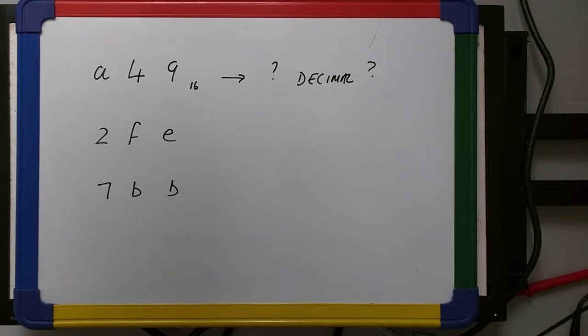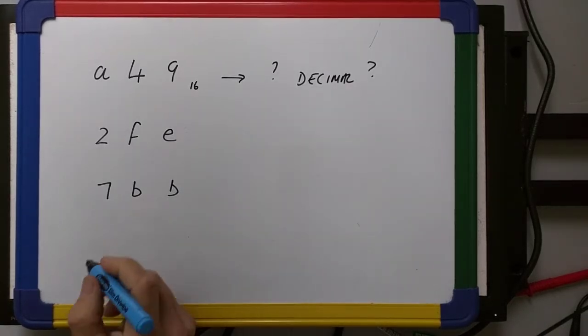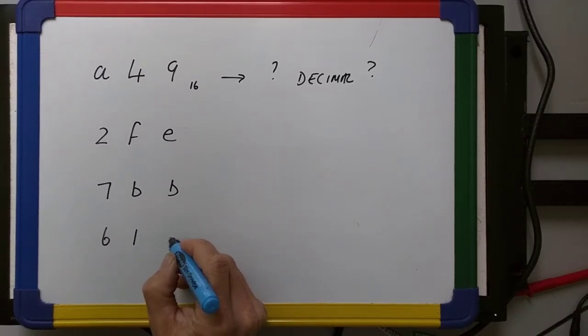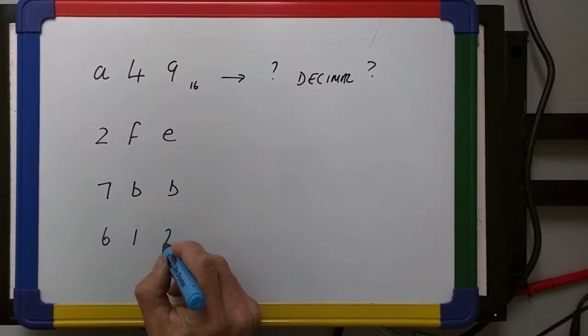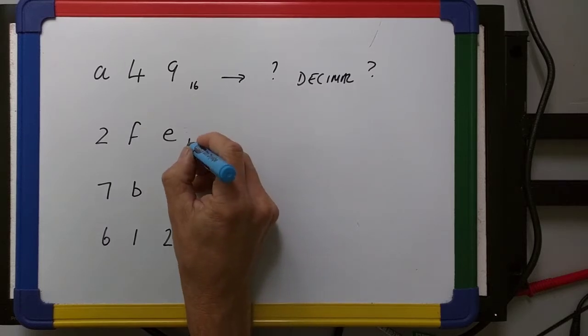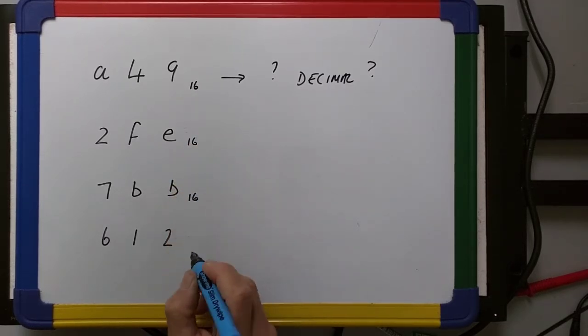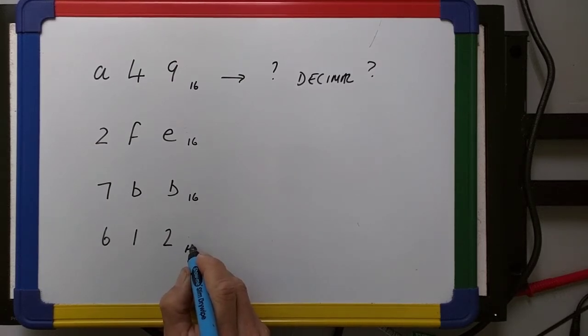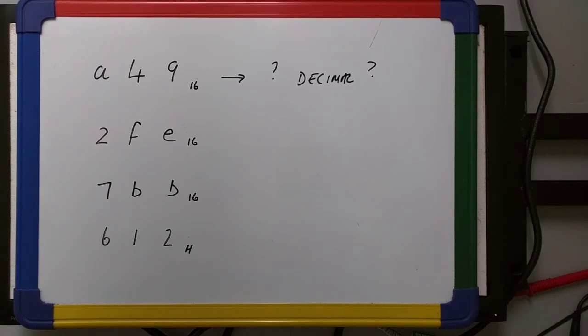So have a go at converting those three. We'll add one more here just to remind you that there doesn't have to be letters inside this. So these are all base 16, and sometimes this is represented by not a little 16 but a little h for hex. Same thing. So convert these two to decimal and see how you get on.